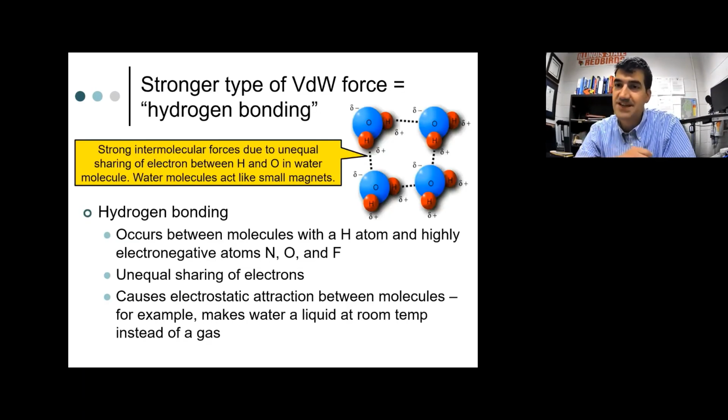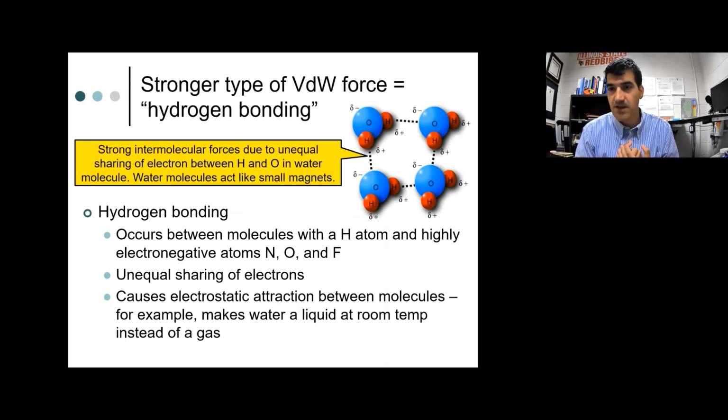Okay, there's a special type of intermolecular force that we need to talk about, and that's called hydrogen bonding. Hydrogen bonding is nothing different than what we just talked about. It's just a much stronger version of intermolecular forces or van der Waals forces.